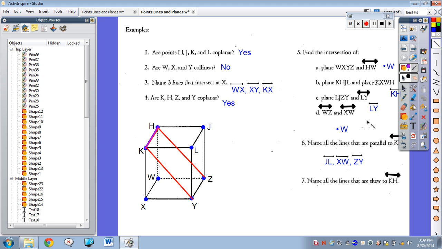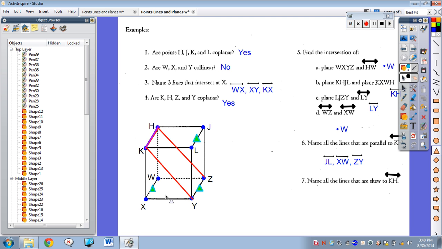So we're going to put a triangle, in blue, on all the ones that we cannot use. We can't use this line, this line, or this line, because those are the ones that are parallel to KH.